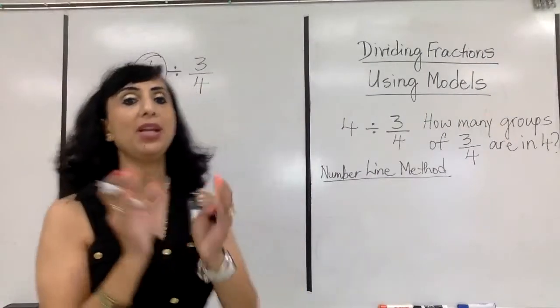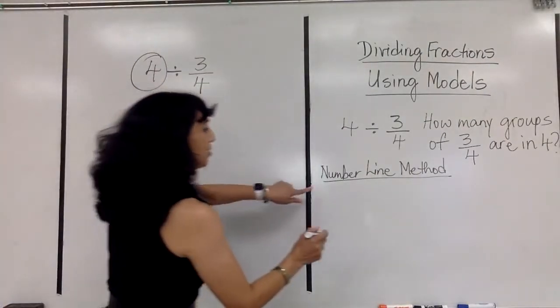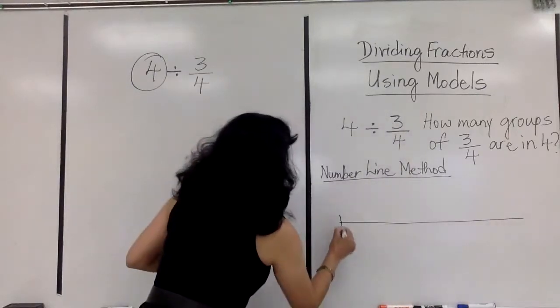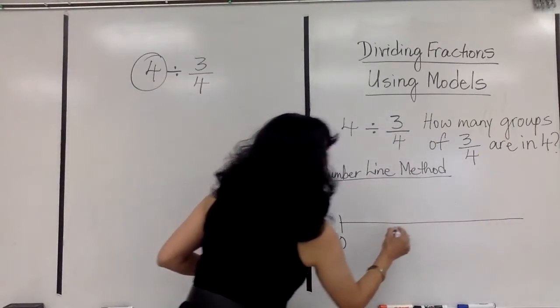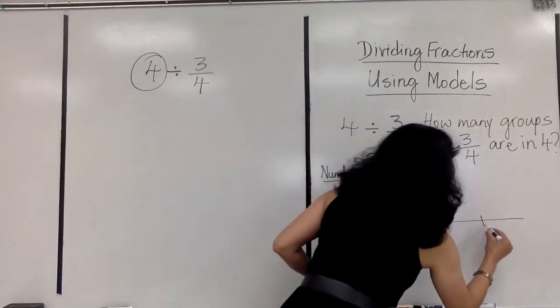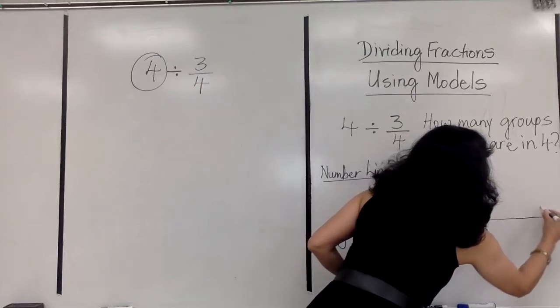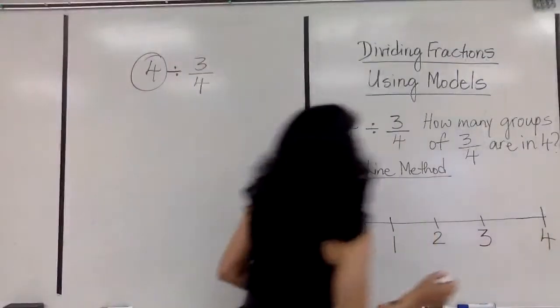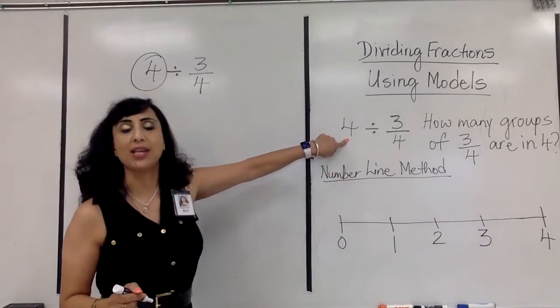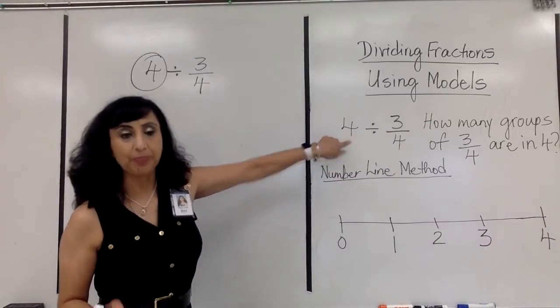So that's how many wholes I'm going to take. On the number line, I'm going to take 4 whole parts. Okay, so here's 0. I have 1, 2, 3, and 4. So that is 4 wholes, because this is what determines how many parts there should be on the number line.